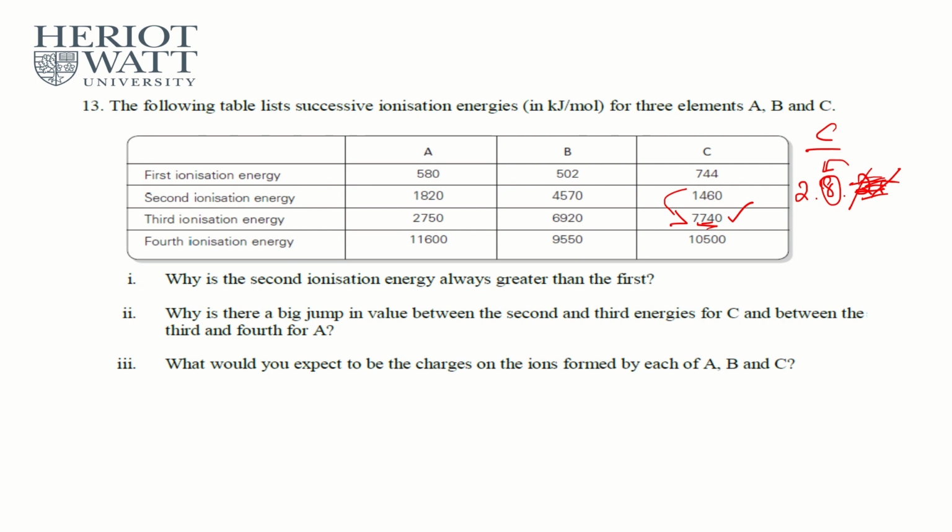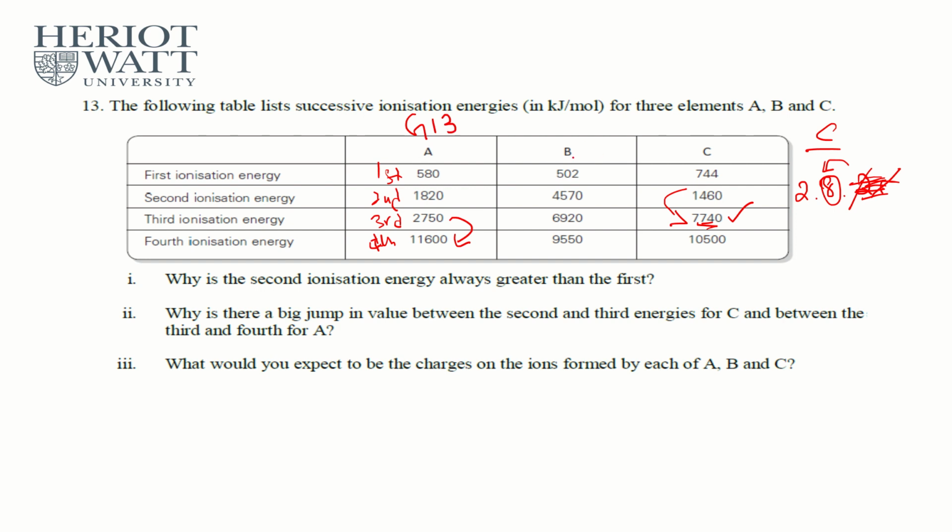What would you expect the charges on the ions formed by A, B, C to be? So we check the big jump, and we will know the groups that they belong to. For A, the big jump is between third and fourth, which means this is from group 13.